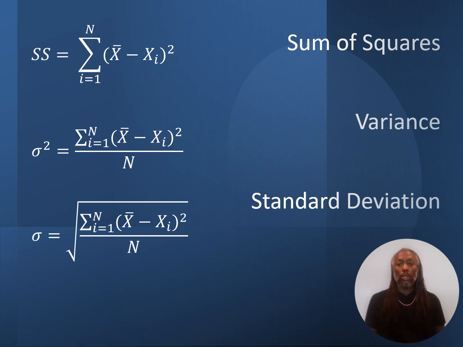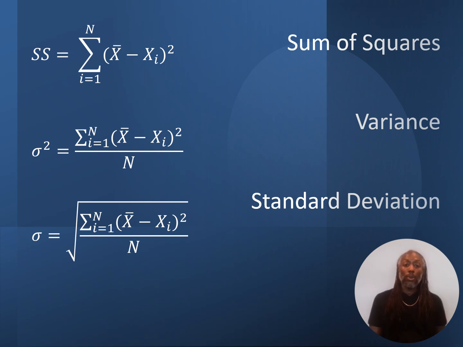Let's go through this notation so that you have it in mind when you see this in your text, or when you go to put pen to paper to calculate some of these statistics. At the top, we have the sum of squares. This is the core for all of the other statistics here. That giant E-looking thing is a Greek sigma, for those of you who have not been looking at Greek notation.